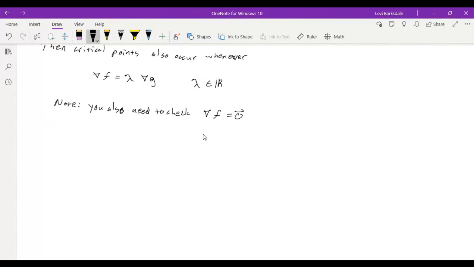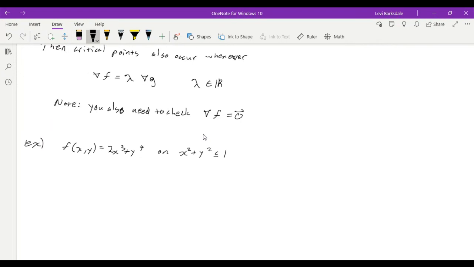Okay, so let's go ahead and do the example that I wrote out right above, and that was find the maximum of f of x, y is equal to 2x cubed plus y to the fourth on the disk x squared plus y squared is less than or equal to 1.